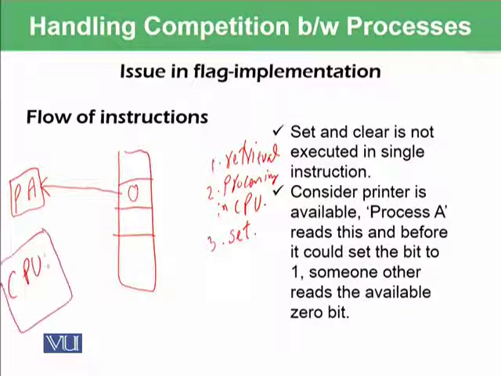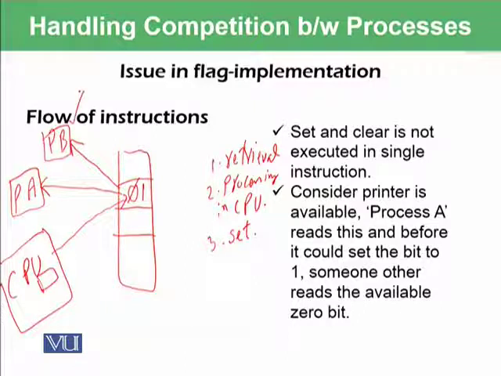So when process A was reading this bit and taking it into the CPU for processing in the registers, to check whether this bit is 0 or 1, at that time another process, process B, also read this bit. So process B also finds it as 0. In the same time, process A has evaluated that it is 0 and goes back and tries to set it to 1. But process B has already read it as 0.